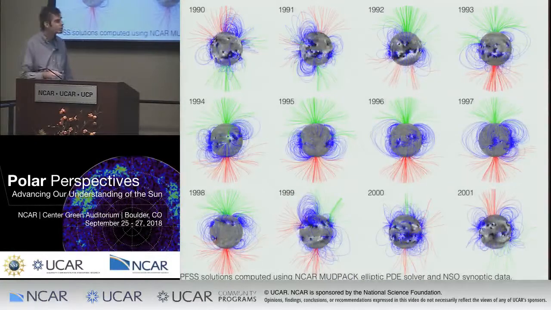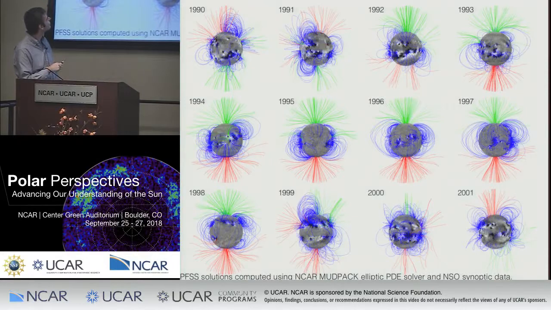So here are more PFSS plots. I've just plotted an annual model over a cycle or two. So the first polarity reversal here took just a couple of years. This is the cycle 22 one. A couple of years to go from one dipolar structure to the next with reverse polarity.